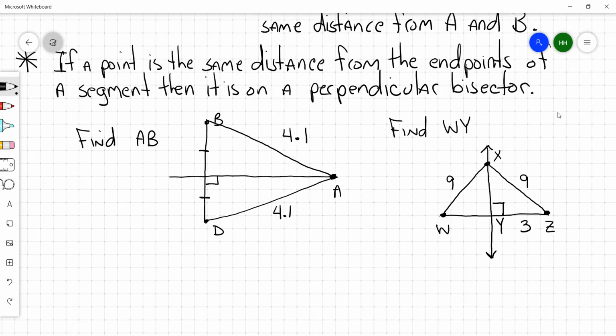X is 9 units from W, and X is also 9 units from Z. And XY is perpendicular to WZ. That makes XY a perpendicular bisector. You have a point on a line, and the point is the same distance from the endpoints of the segment. So it means these pieces are congruent to each other, right here and here. So how far is it from W to Y? Very good, 3 units.